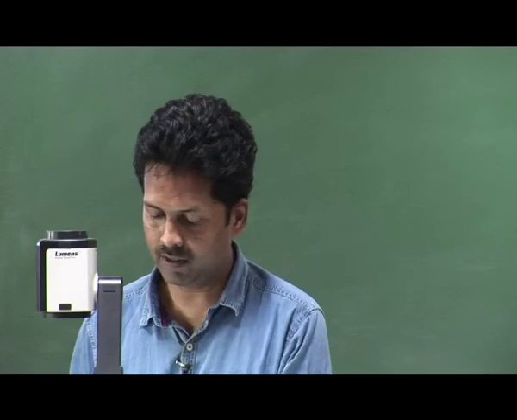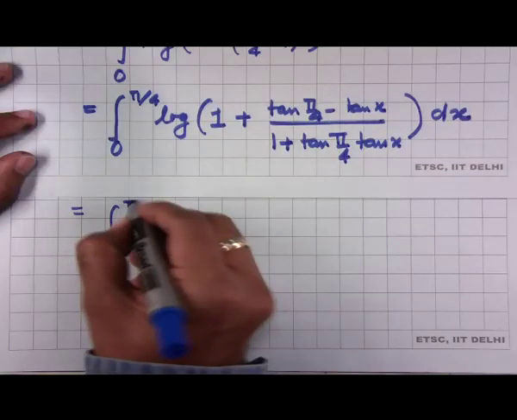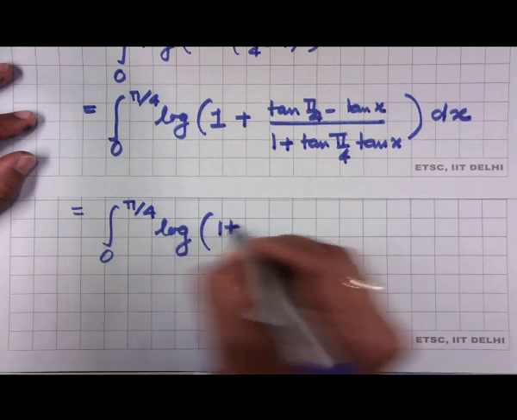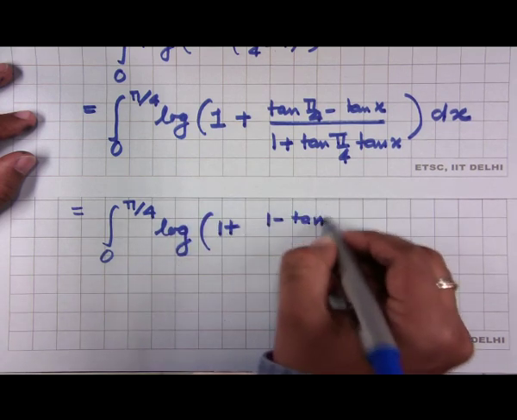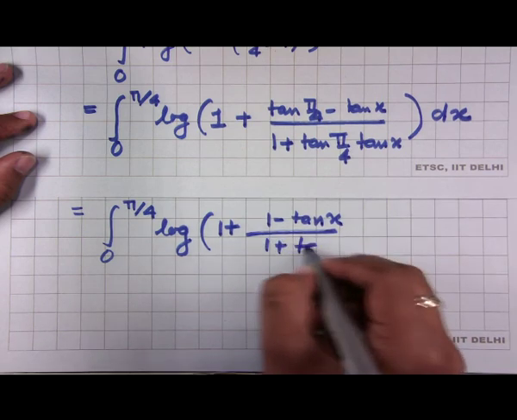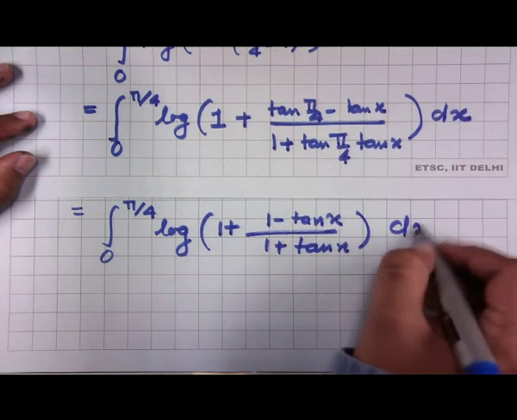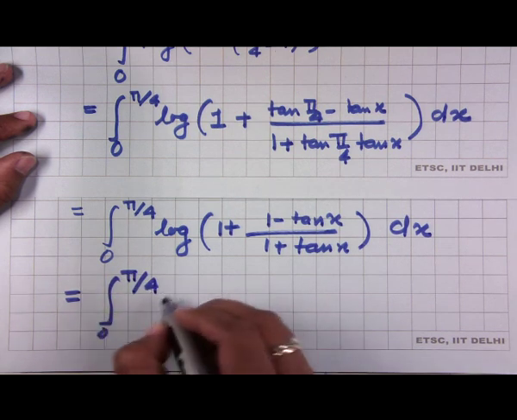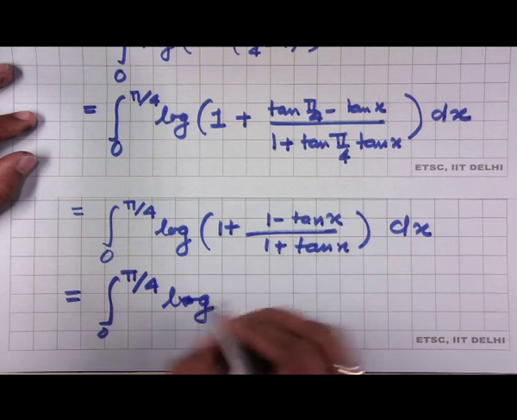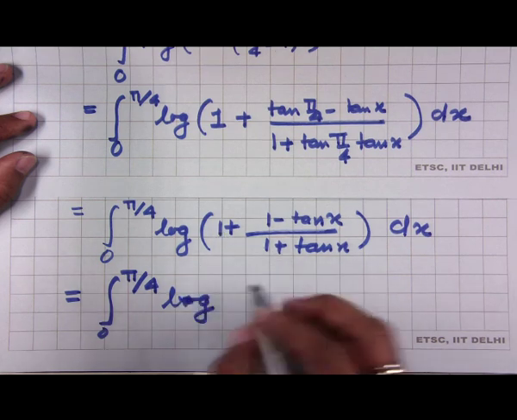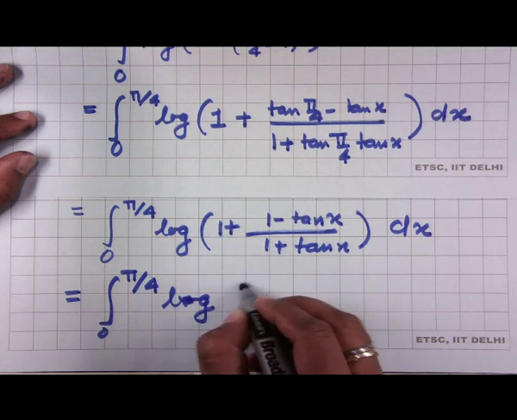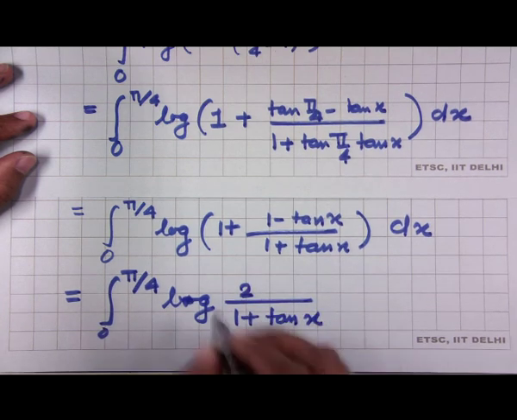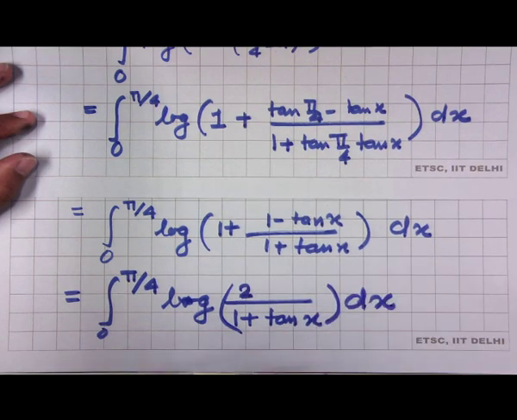So therefore we get log of one plus 1 minus tan x upon 1 plus tan x dx, which is equal to the integral from 0 to pi by 4 of log of, if you take LCM and add it, you get 2 by 1 plus tan x dx.